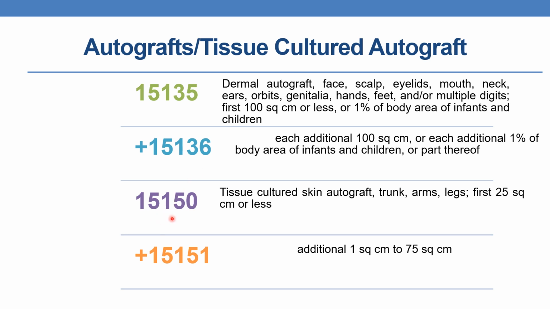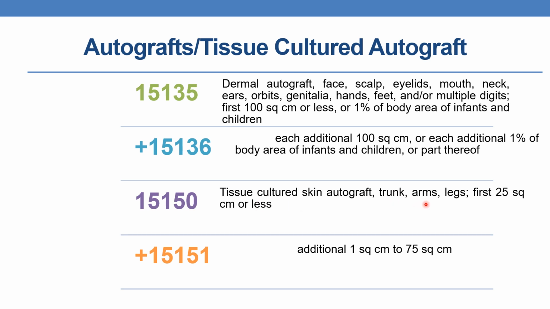The next code is 15150, tissue cultured skin autograft, where the anatomical regions are trunk, arms and legs, first 25 square centimeters or less. Here the square centimeters are different.